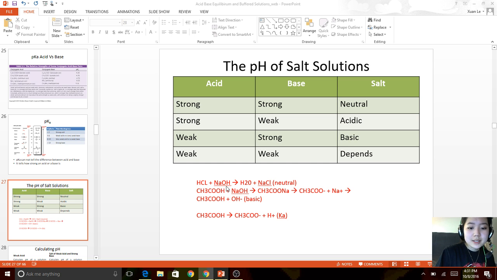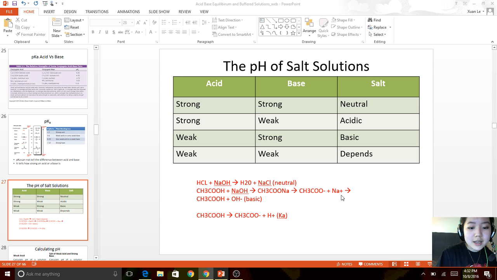So the way that works is, think of it like this. Acetic acid is going to react with the strong base, sodium hydroxide, and then it's going to make sodium acetate. And so this salt is going to dissociate completely into an acetate ion and a sodium ion.